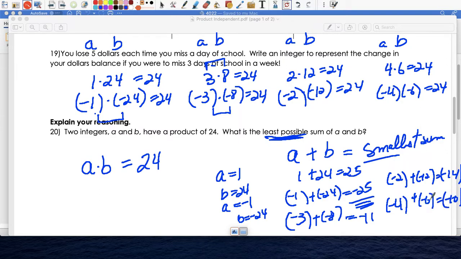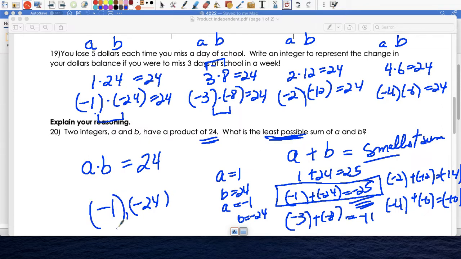So which of these four values is further to the left? This one right here. So that is the least possible sum out of all the possible numbers that can give me a product of 24. Negative 1 and negative 24 gives me the smallest sum.